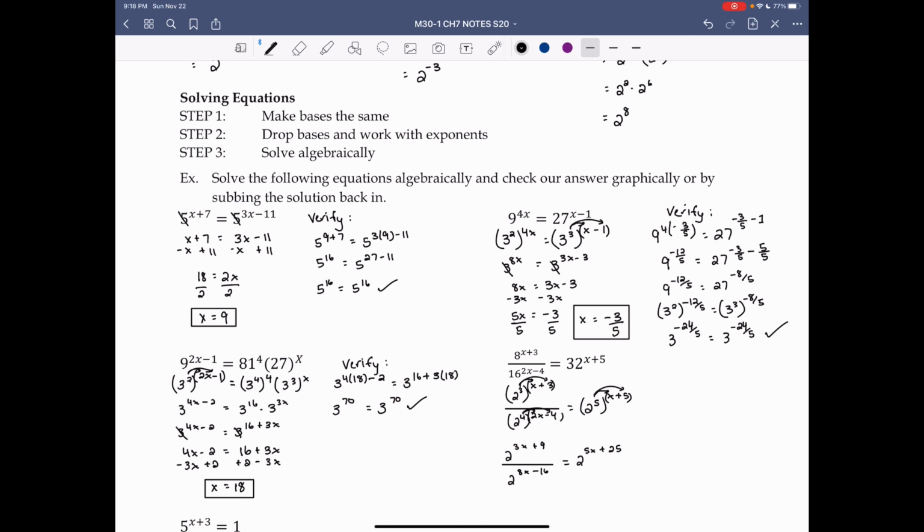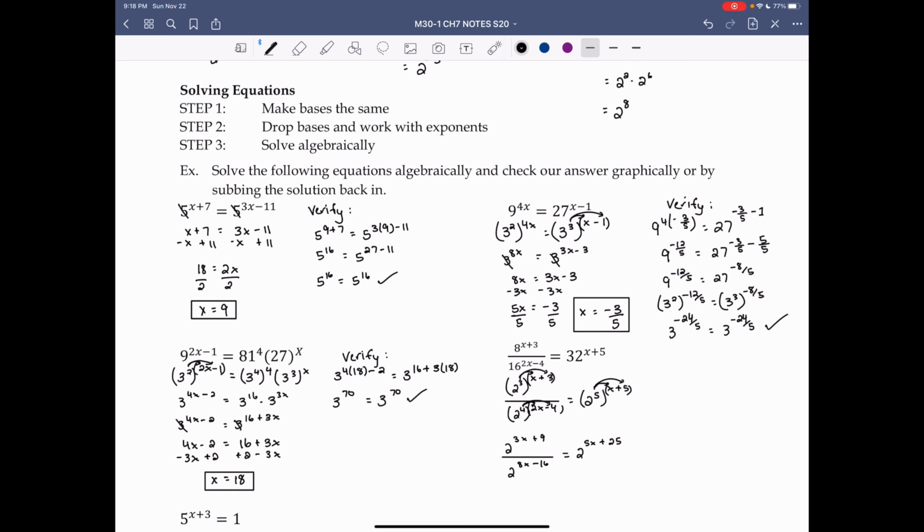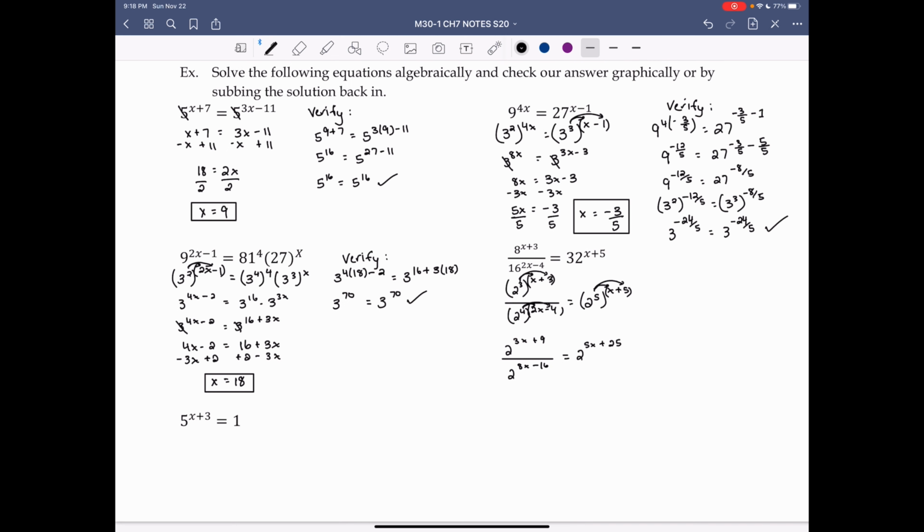We're dividing the same base, so exponent laws tell us we're subtracting the exponents. We get 2 to the power of 3x plus 9 minus the bottom exponent, which is 8x minus 16, equals 2 to the power of 5x plus 25.